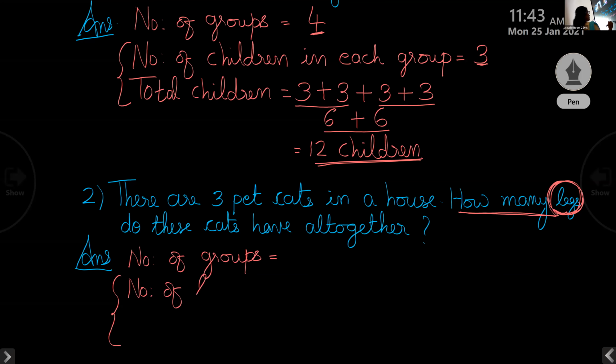So number of legs each cat has. The question is related to cats. And the third step should also be related to legs. So total legs is equal to.